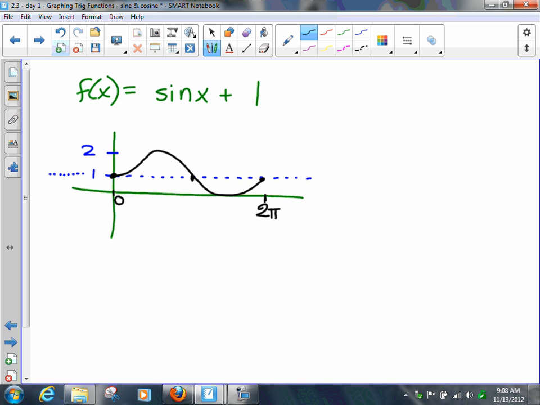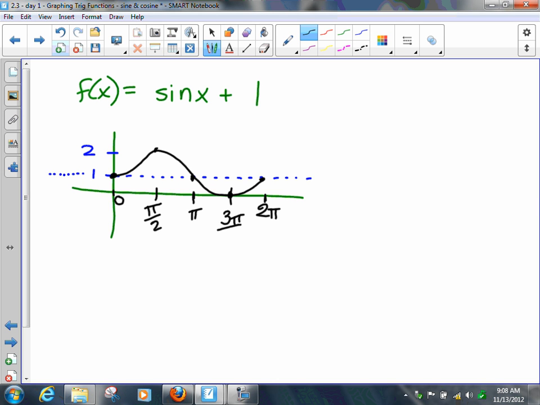This point in the very middle, what's in the very middle of our revolution? Pi. And then if I were to cut that in half, what's half of pi? Pi over 2, right? All right, so what's going to be here between pi and 2 pi? 3 pi over 2.